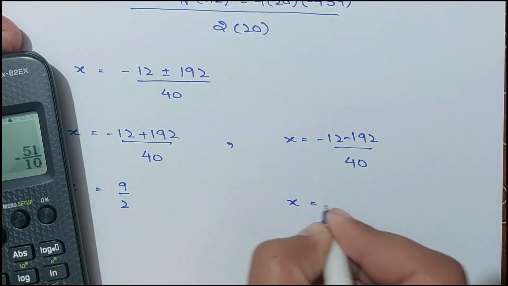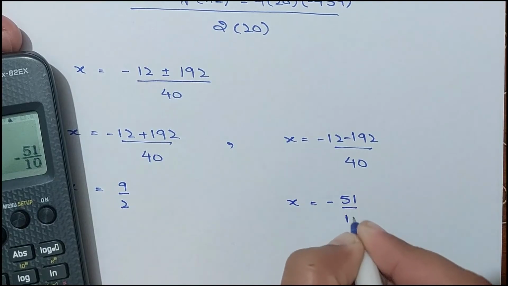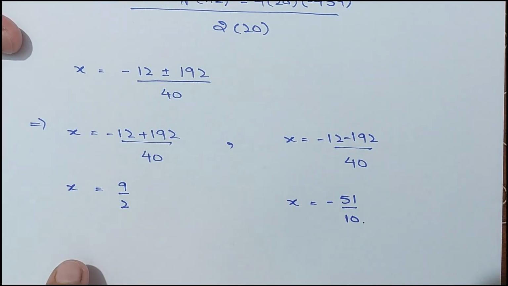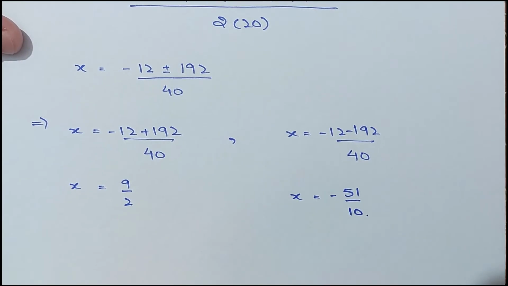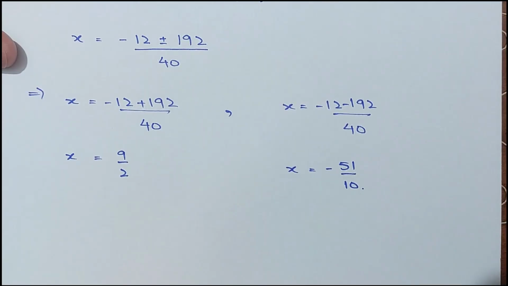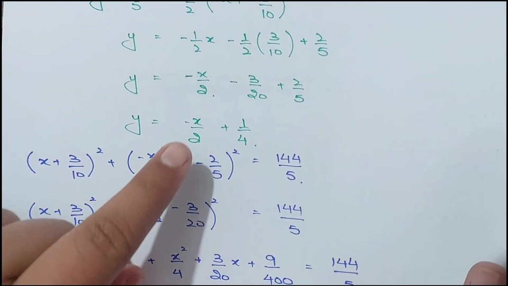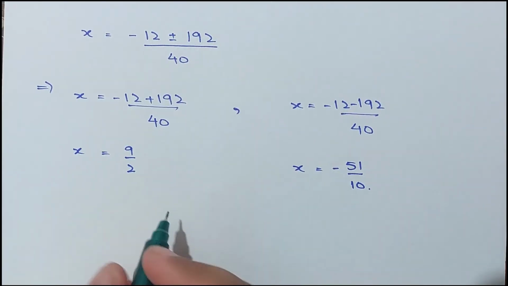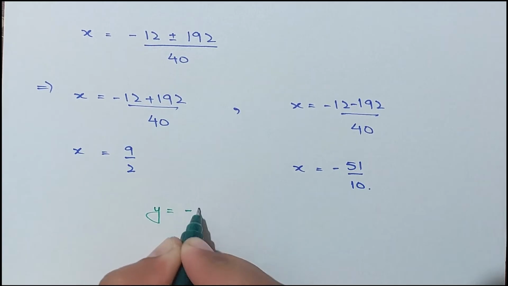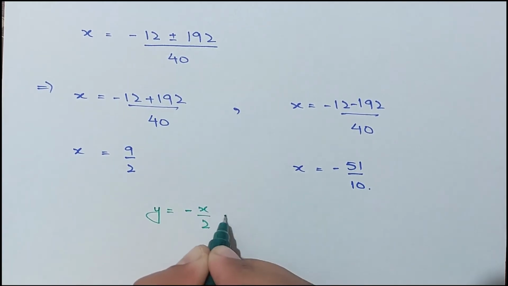So x equals minus 51 over 10. Okay, so these are the two x coordinates. We have to find the y coordinates as well by plugging the values into the perpendicular bisector of AB. The y equation is this, right? Plug over here. y equals minus x by 2 plus 1 by 4.